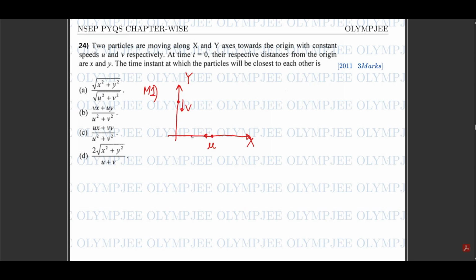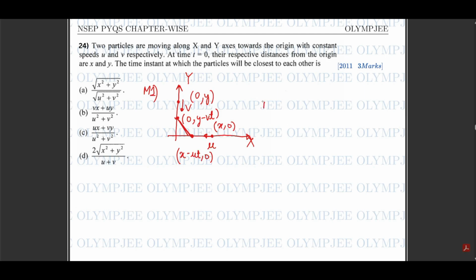So at any time t, this position is x comma 0 and this position is 0 comma y. So at any point t, this particle will be at x minus ut comma 0, and this particle will be at y minus vt, and the distance between them has to be minimized.